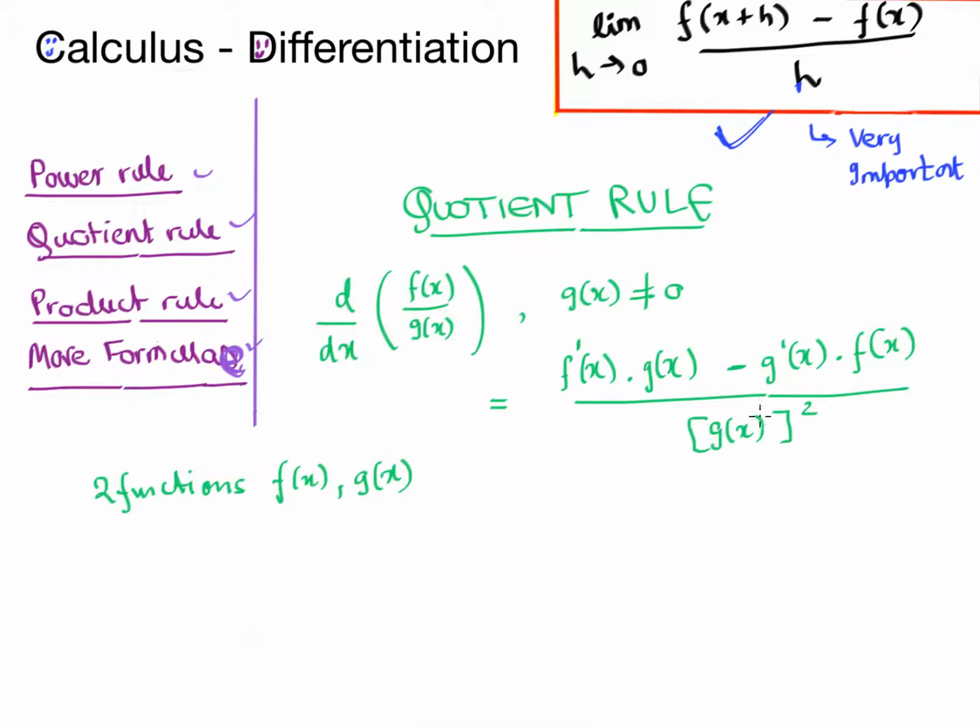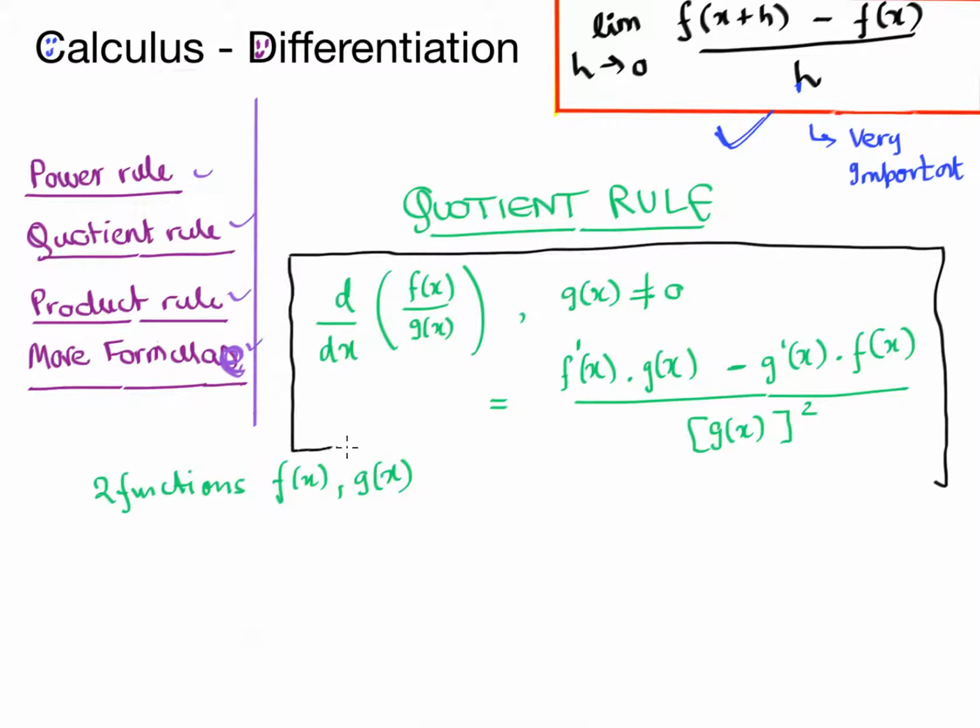So this is the quotient rule, and that's how we find the derivative when two functions are divided and the denominator function is not equal to 0. The way to remember it is: the derivative of the first function times the second function, or the denominator function, minus the derivative of the second function, the denominator function, times the first function, or the numerator function, divided by the square of the denominator.